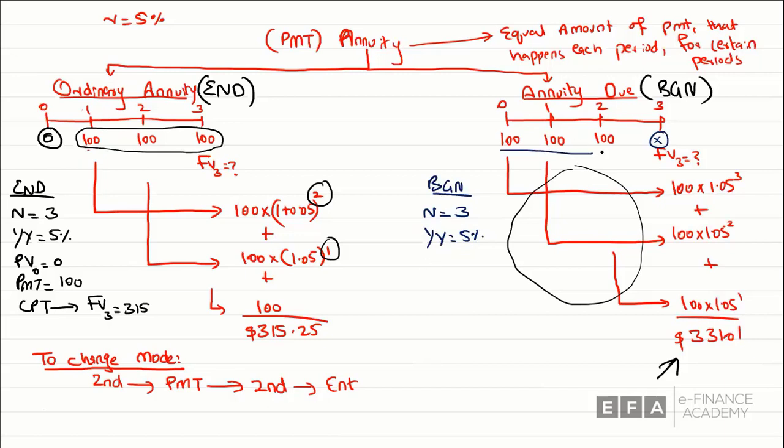Are we investing anything other than these 3 annuity payments? There is nothing else at time 0. So since there is nothing other than the annuity payment, we keep the present value as 0 and the annuity payment as 100. Then all you do is press compute and future value. That's how you would solve this.